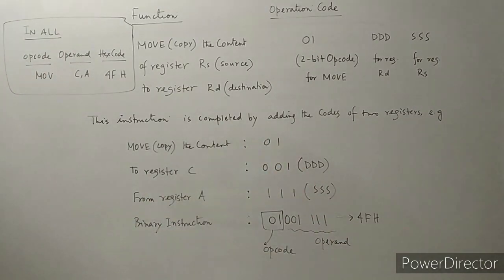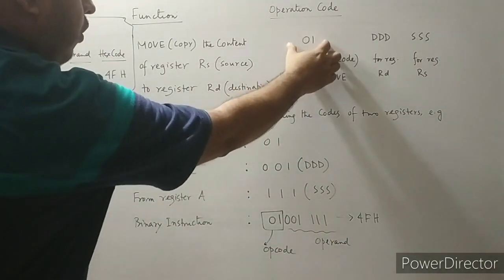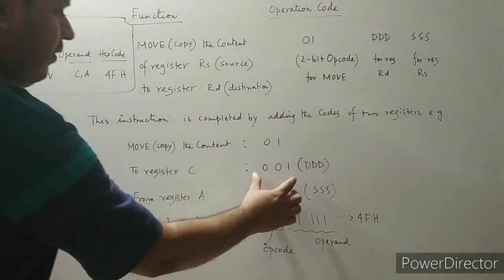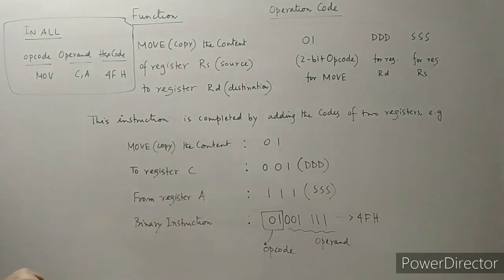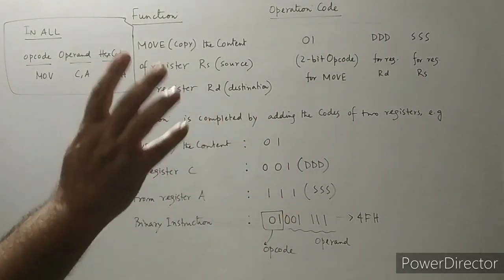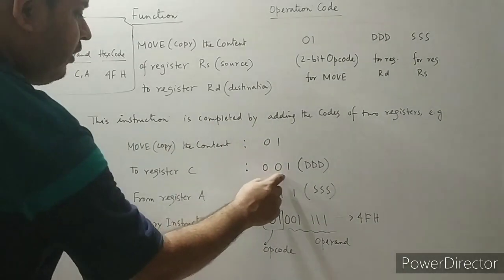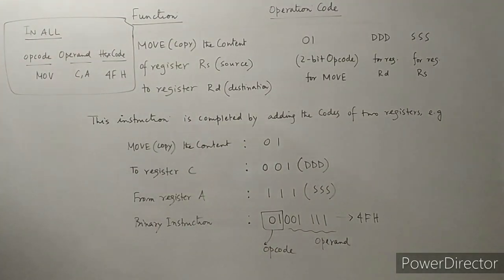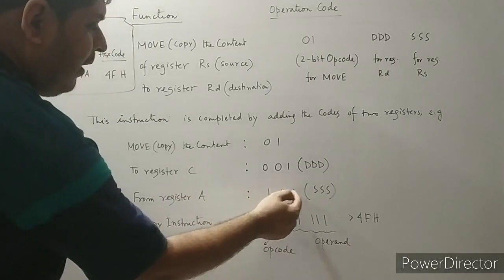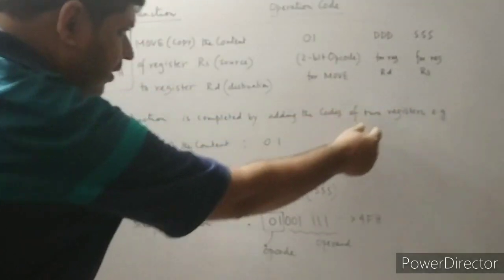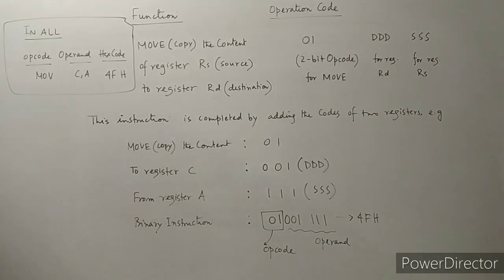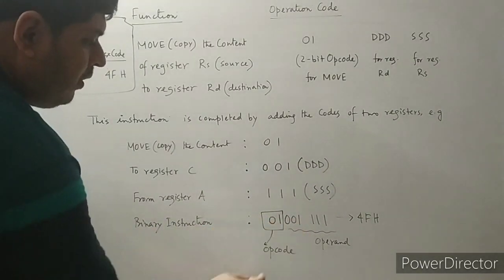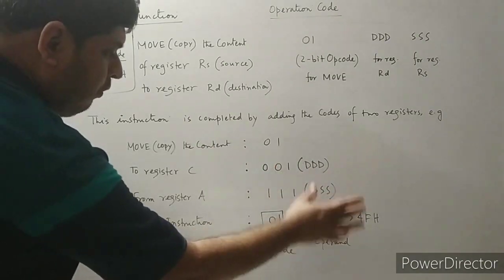The first two bits come from the operation code of move, 01. The third, fourth and fifth bits come from DDD. Then the sixth, seventh and eighth bits come from RS, that is SSS. So the binary instruction will become 01 001 111.